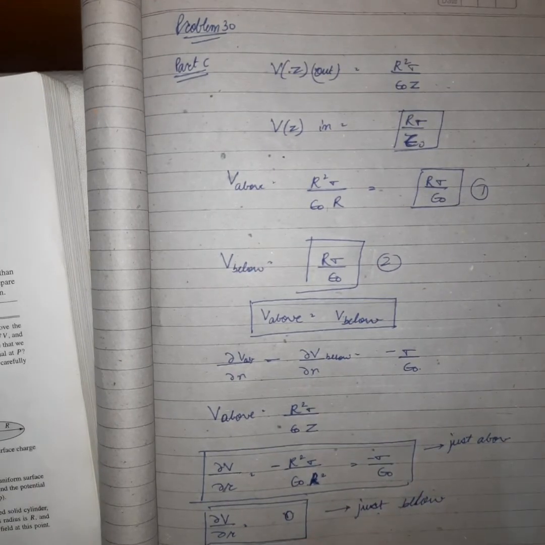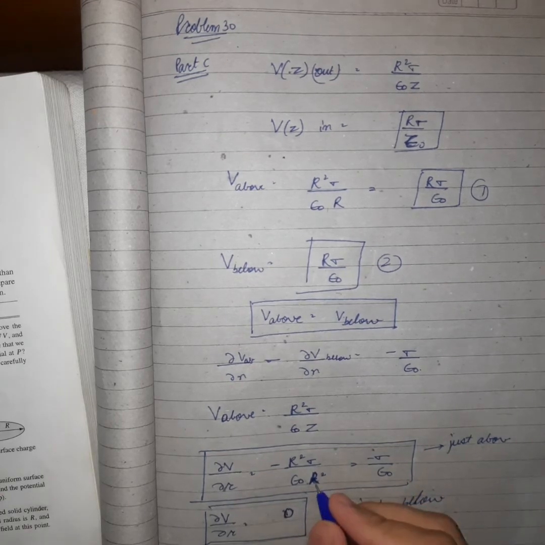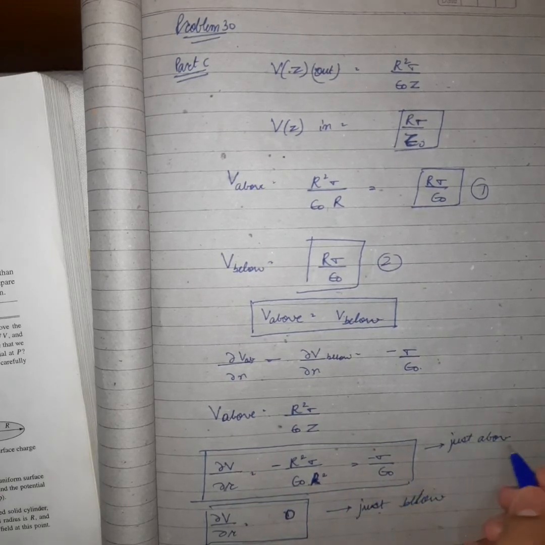So you can ask the question why it is 0. It is 0 because it was just above at the surface.